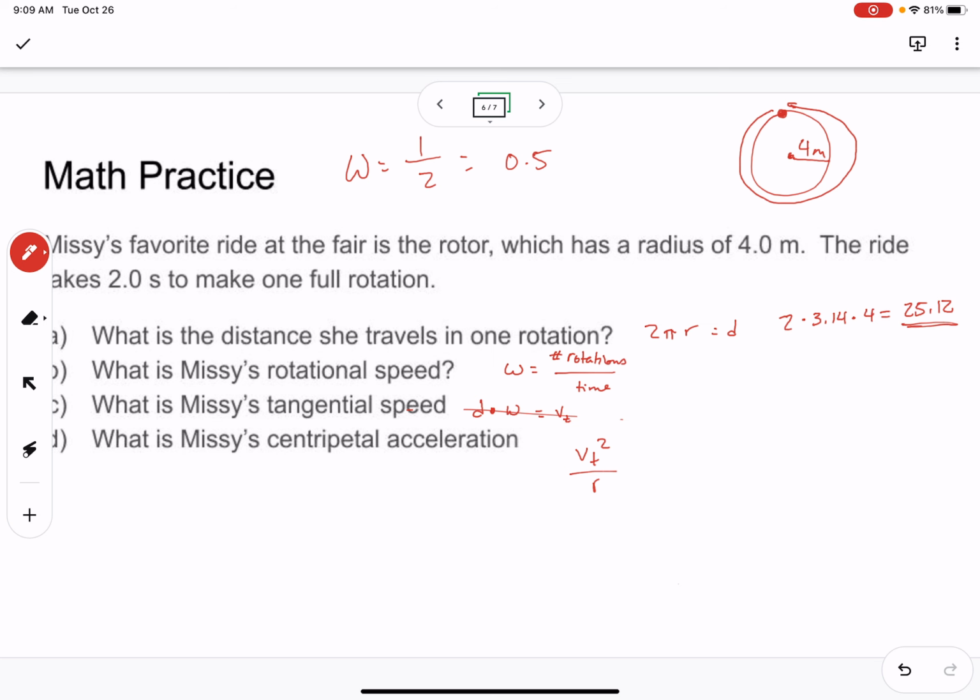We're going to use this again because that's your distance, and we'll use it when we calculate that.